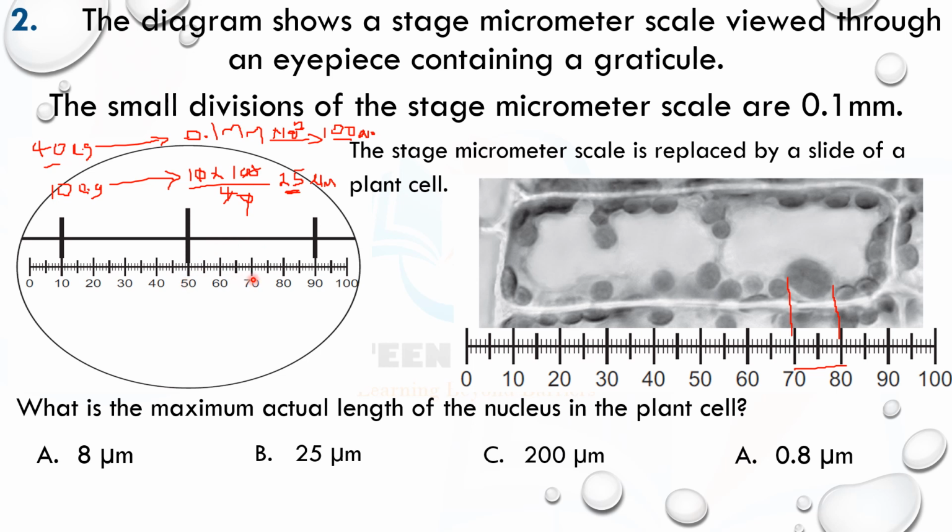For the eyepiece, from here to here is 40. So 40 gives us 0.1. Convert 0.1 millimeters to micrometers, multiply by 10 to the power 3, 100 micrometers. So if 40 gives us 100 micrometers, 10, which is that of the nucleus, will give us what? 10 times 100 over 40. That gives us 25 micrometers. Want to hear your comment. So the answer is actually 25, B.